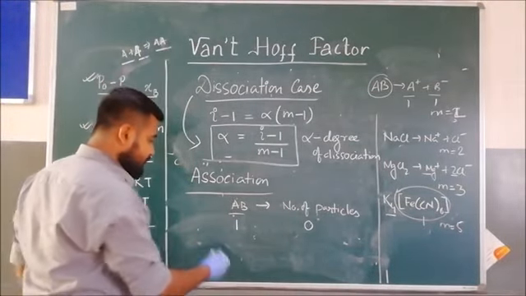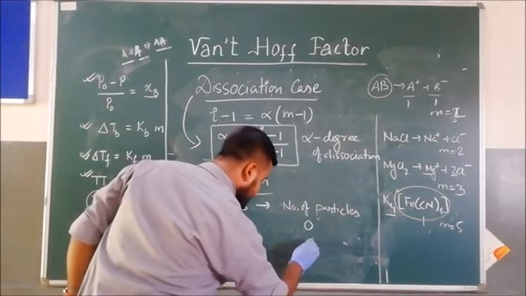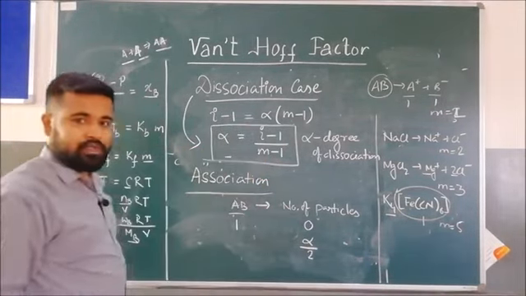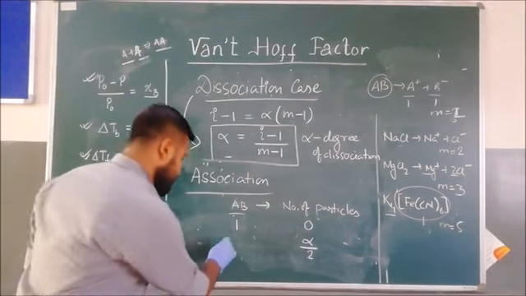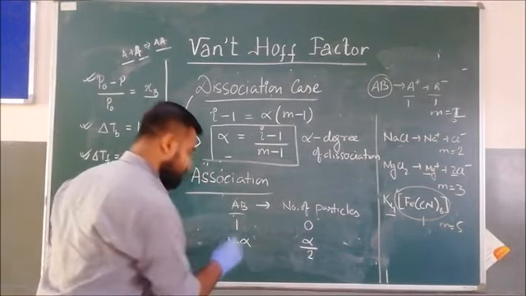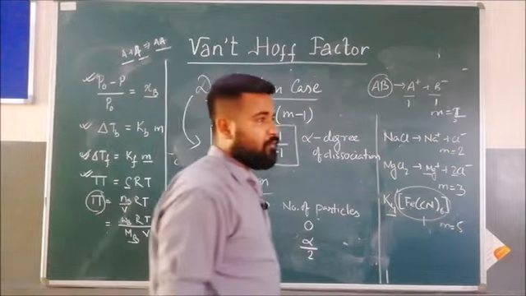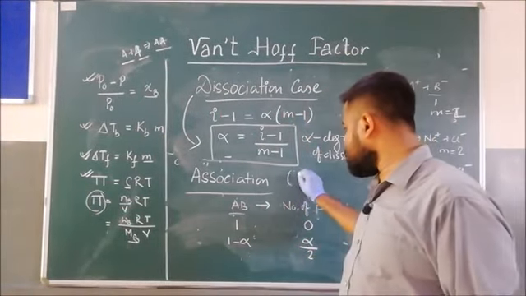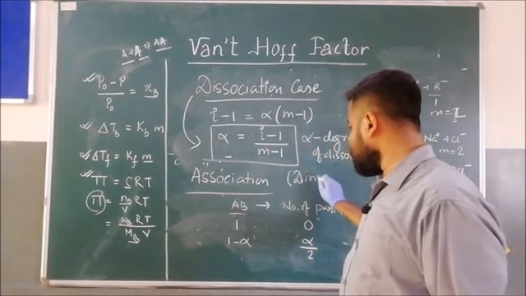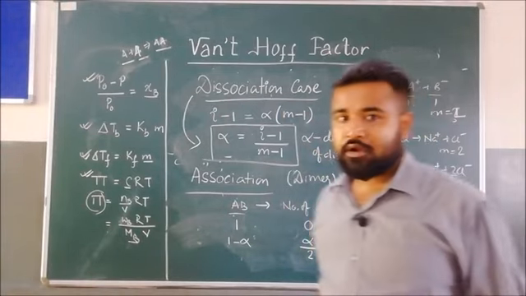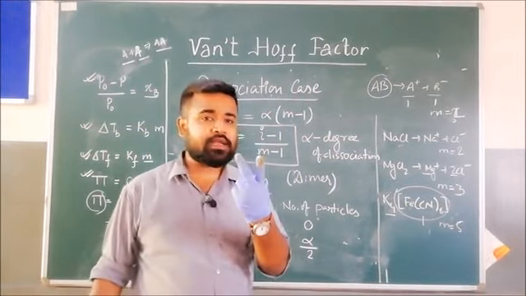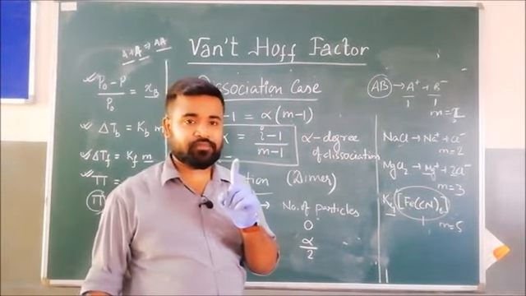So that's why here it is alpha by 2, and here it is 1 minus alpha. Generally here we are taking the case of a dimer, meaning from two particles there is formation of one particle.